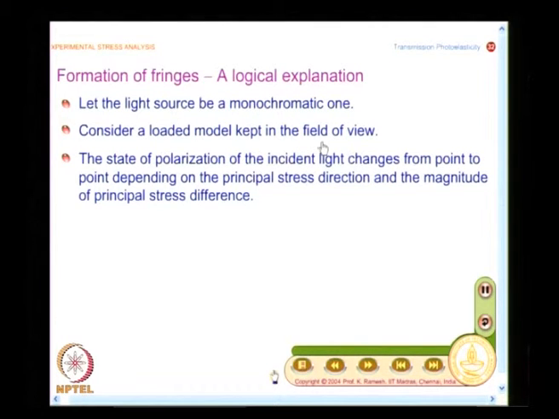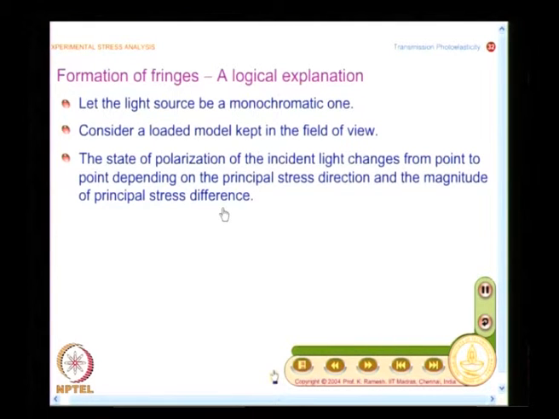And what do you anticipate? Because the model is loaded, the state of polarization of the incident light changes from point to point depending on the principal directions and the magnitude of the principal stress difference.